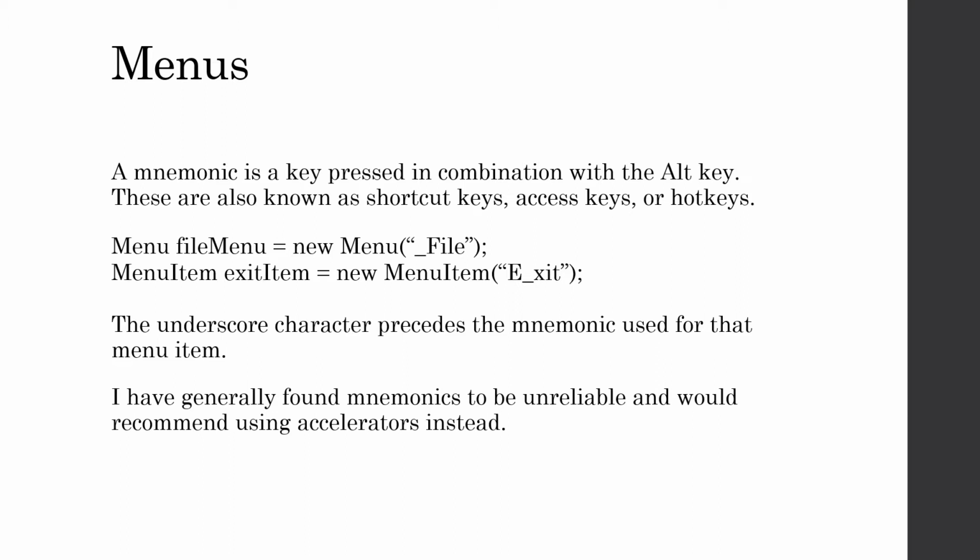If it comes just before the F in File, that means Alt plus the F key would be the mnemonic for opening the file menu. In the case of the exit item, since the underscore comes just before the letter X, if you do Alt plus X, that will execute the same behavior as if you had clicked that exit item. Most likely, that would be a shortcut for closing the application.